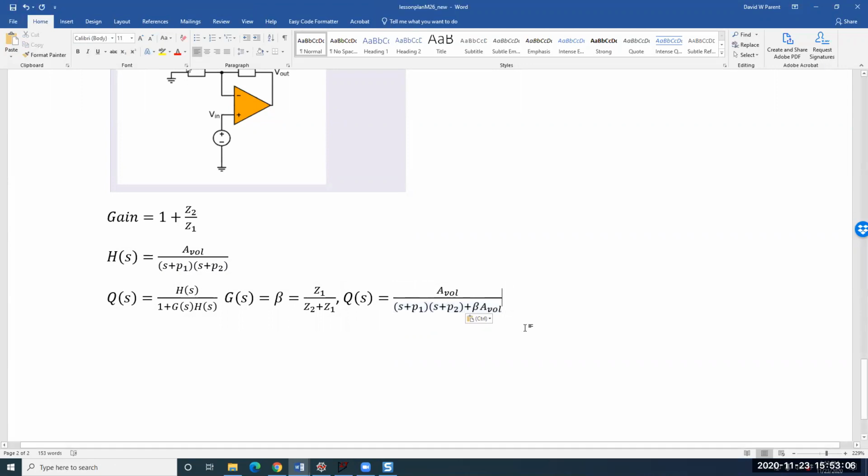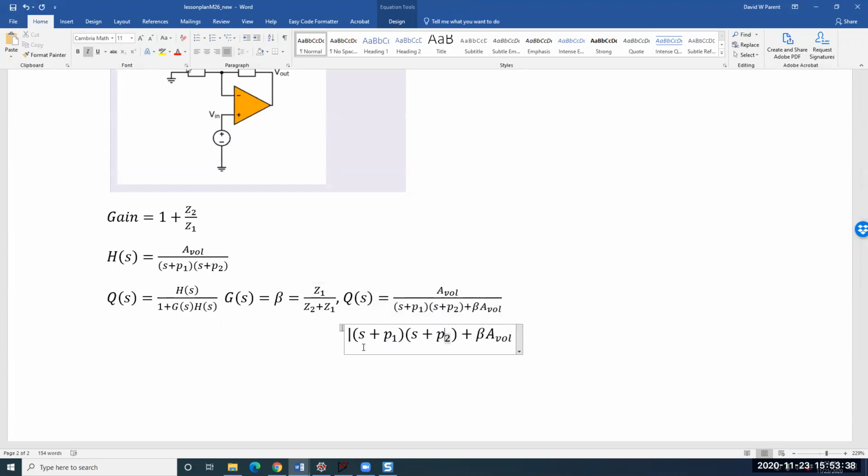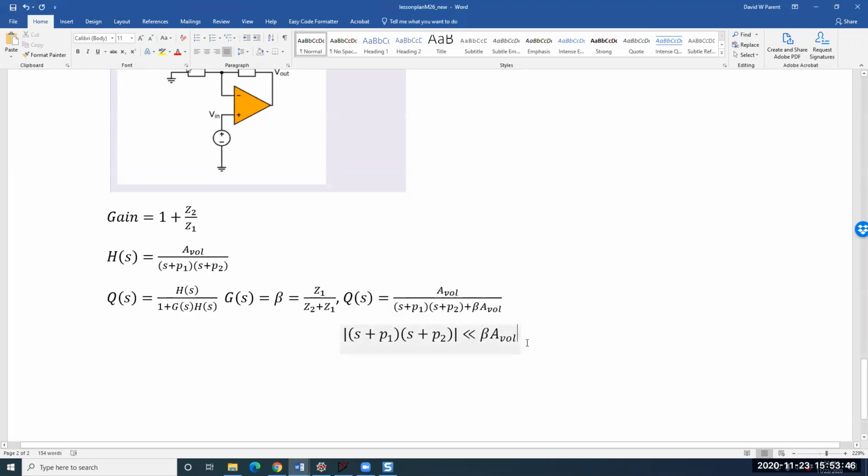All right. Now, what we need to happen is if the open loop gain goes to infinity, then beta times open loop gain goes to infinity, right? And this part just drops out. But a better way to say that, because now S equals j omega, it's a complex value, is that the magnitude of those two things has to be much, much less than this value.